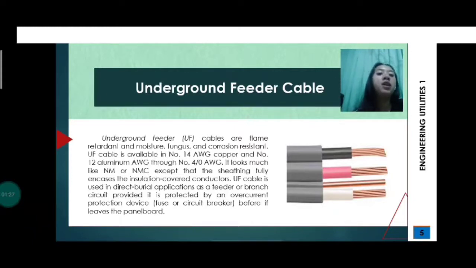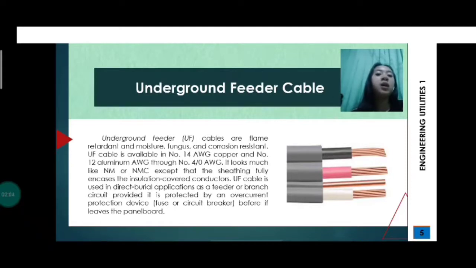UF cable is available in number 14 AWG copper and number 12 aluminum AWG through number 4 AWG. So, what is AWG? AWG is American wire gauge, or the standard wiring size in North America. And this standard size of wiring is commonly used up until now.